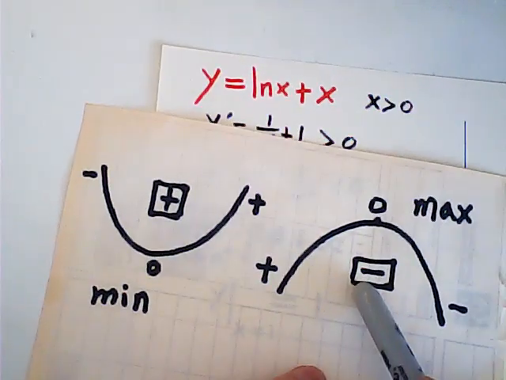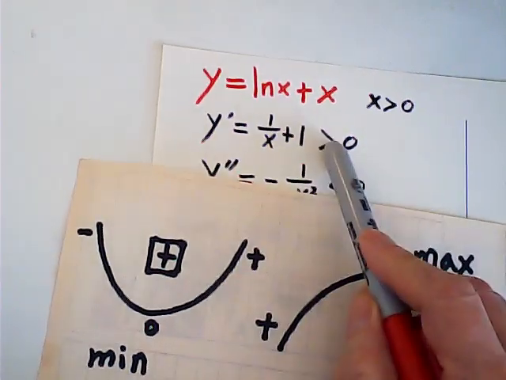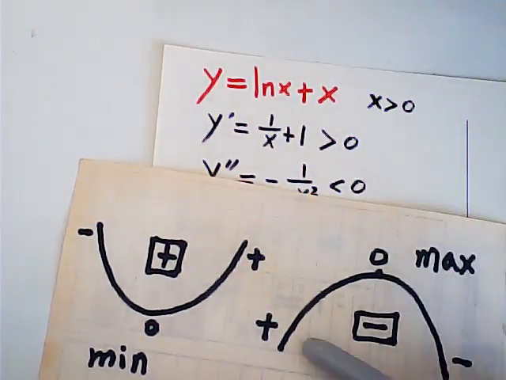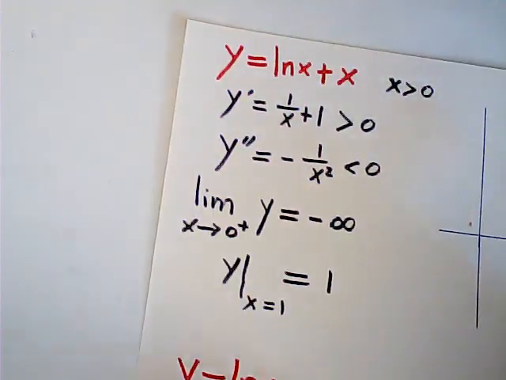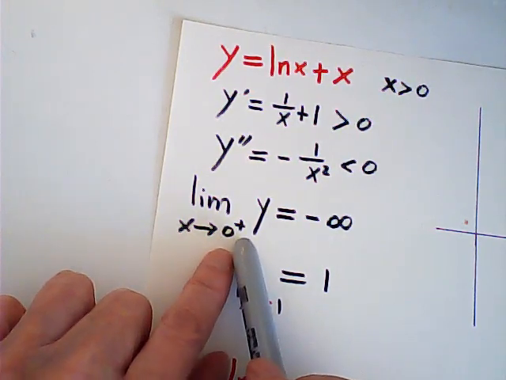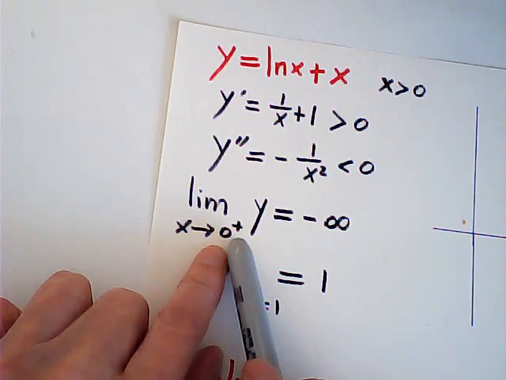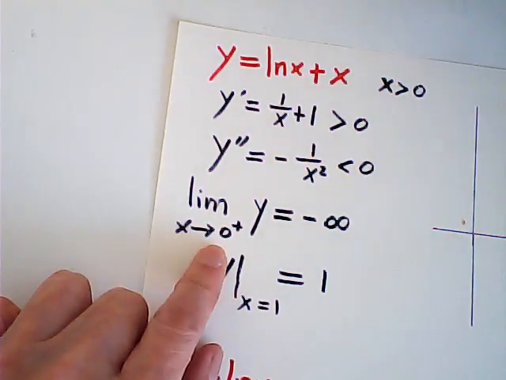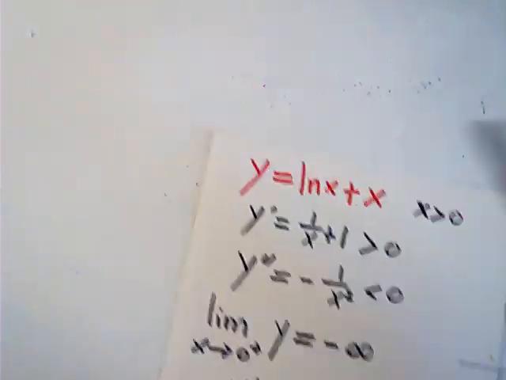So the curve looks like this. If it's increasing, then the curve will look like this. And when x approaches 0 from the right-hand side, this function goes to negative infinity.